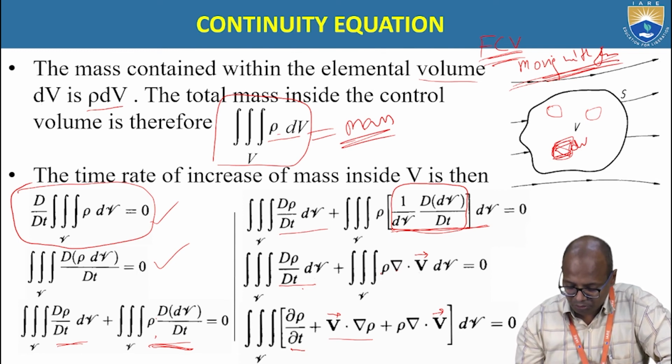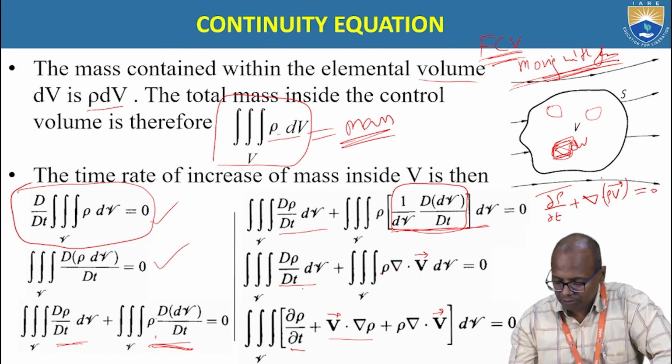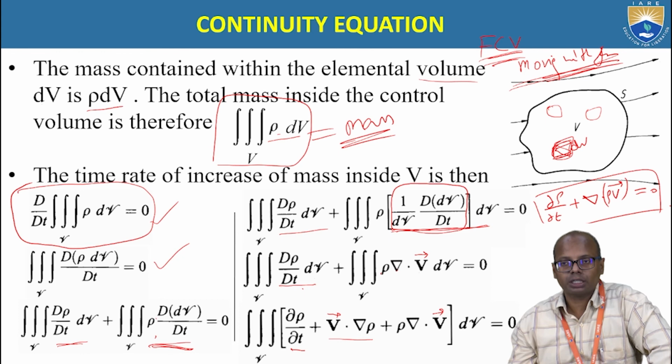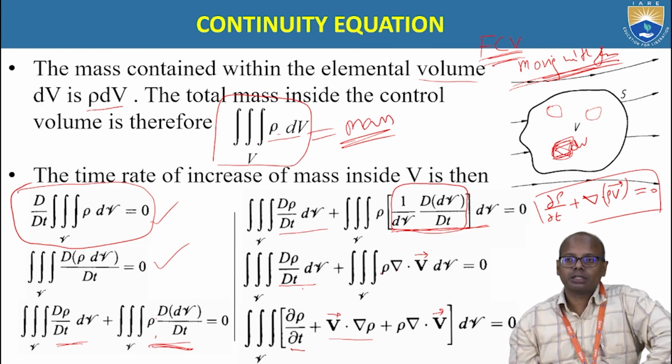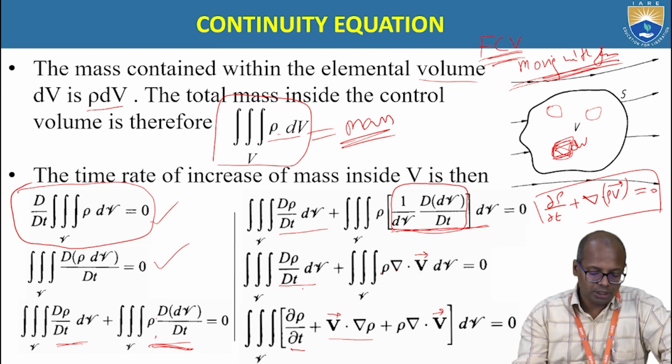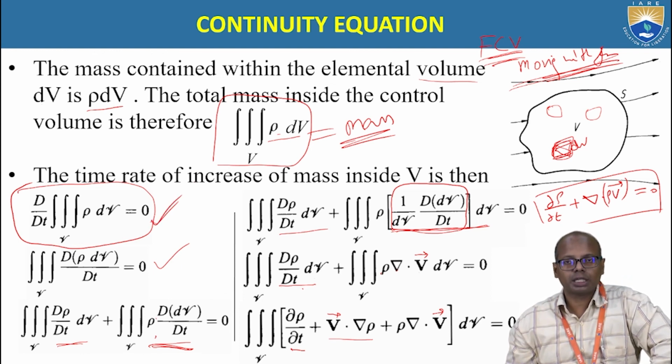So what it will give is dou rho by dou t plus del dot rho v bar equal to 0. So this is our final continuity equation, which is in conservative form as well as differential form. Here what we got first is a non-conservative form and integral form.